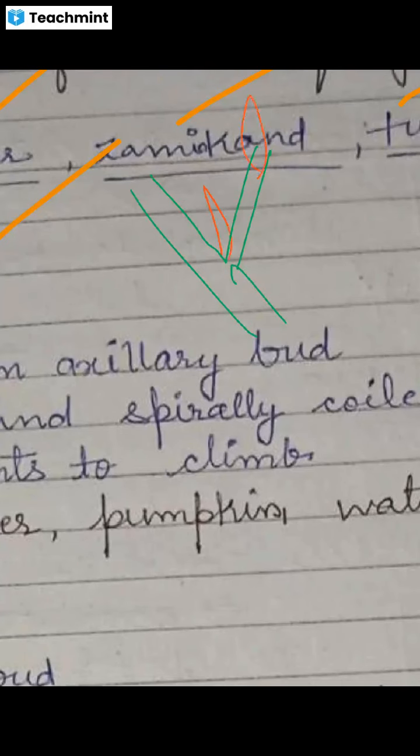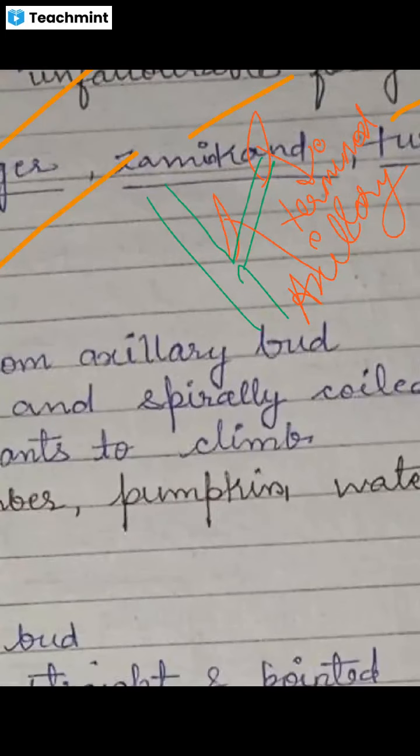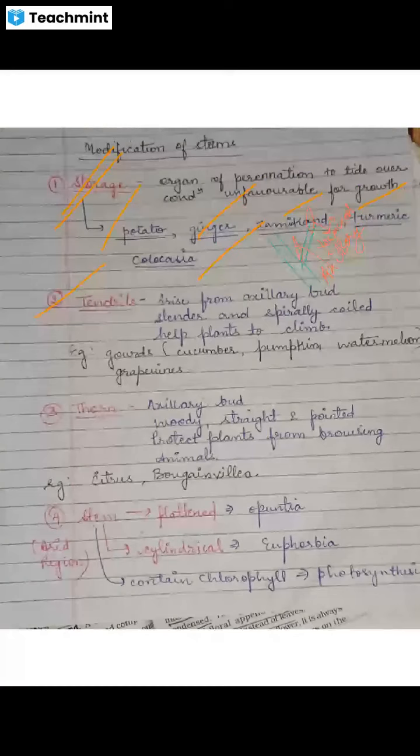The one between the two stems is called the axillary one and this one is called the terminal bud. Got it? Now tendrils arise from the axillary bud, slender, spirally coiled.